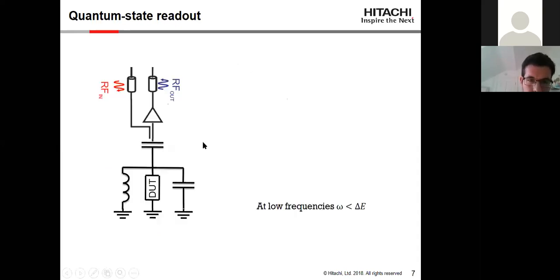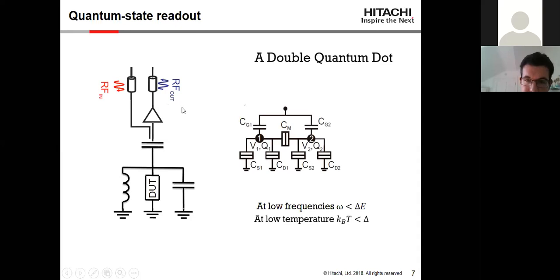So the way dispersive readout works is that you embed your quantum system in an electrical resonator formed by an inductor and a capacitor, and that's coupled to a probing line by a coupling capacitor. Typically, the devices that we test are double quantum dot systems like this one.